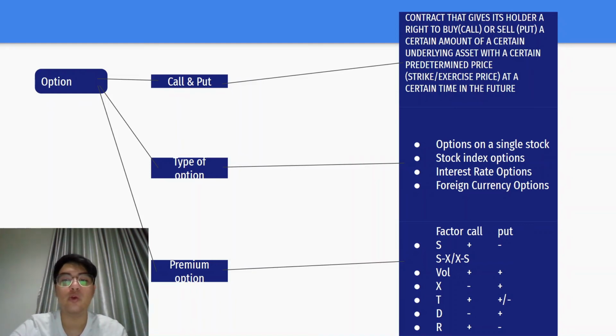For the T, which is time, it will affect call positively as more time equals more uncertainty on volatility.